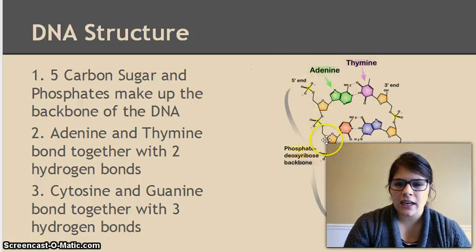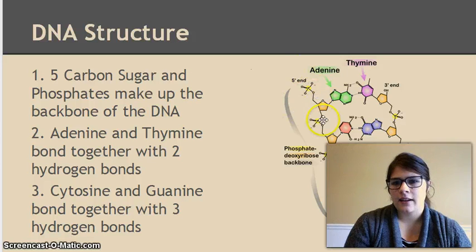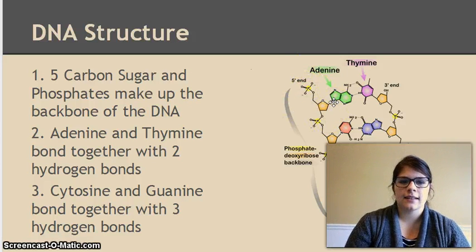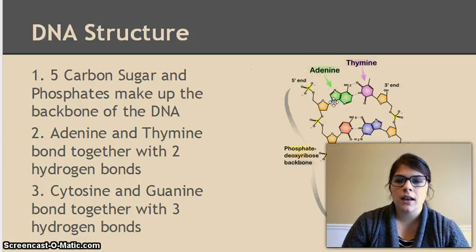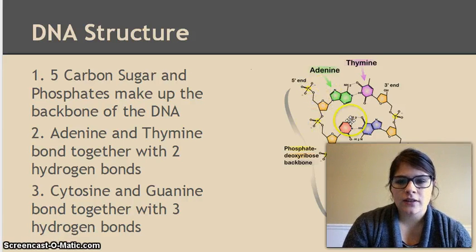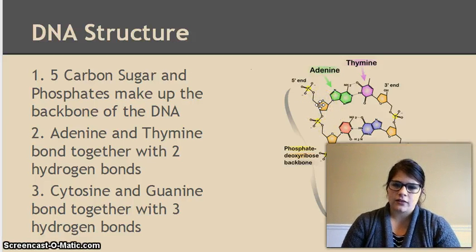As you can see right here, the sugar phosphate backbone. This is going to be your phosphate. You see the P and 4 O, so it's got a molecular formula of PO4, and then you see the 5-carbon sugar. You can count the ends here around the sugar, and that's going to be your deoxyribose.